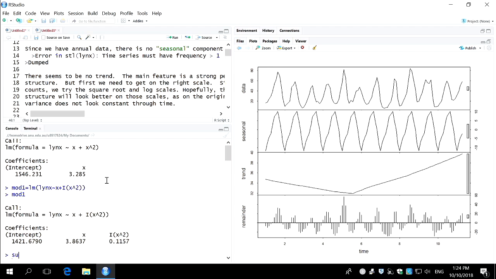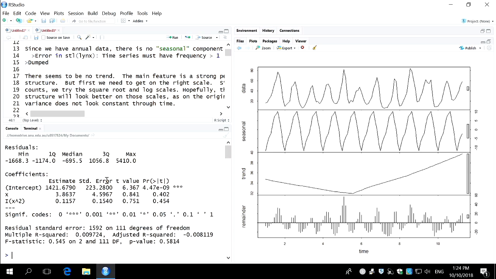All right, let's have a look at the summary of mod1. You can see square terms not significant, linear terms not significant, right? So all that effort, and it looks like we probably don't need those two terms.